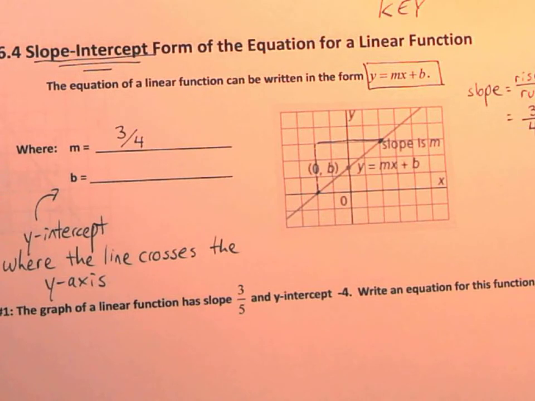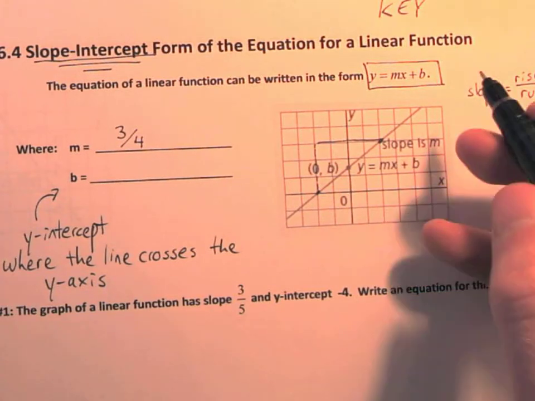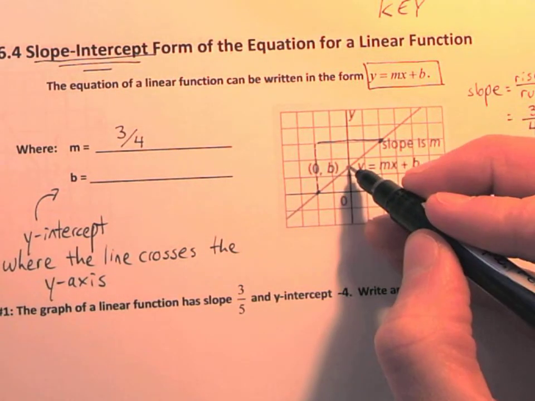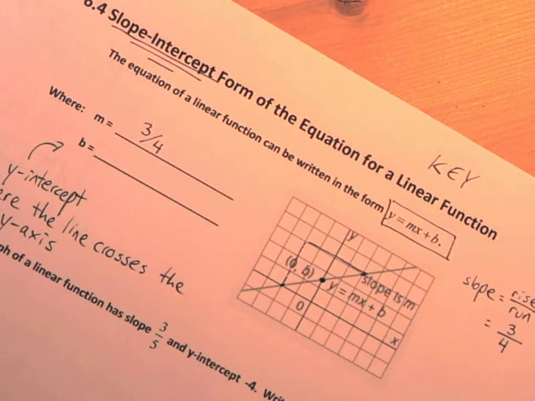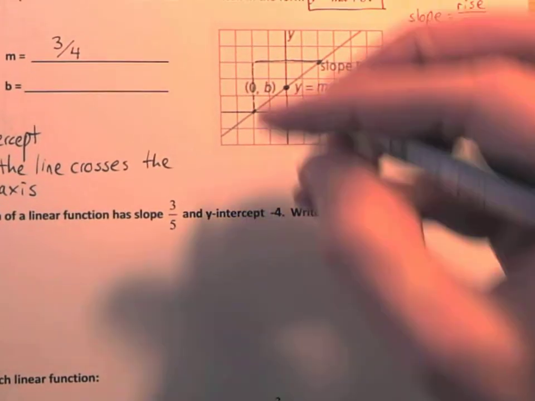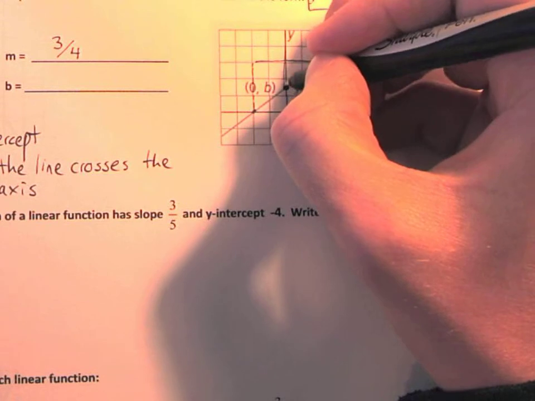It's where the line crosses the y-axis. So if you look, they have a dot here already. That is our b value, where the line crosses our y-axis right here.